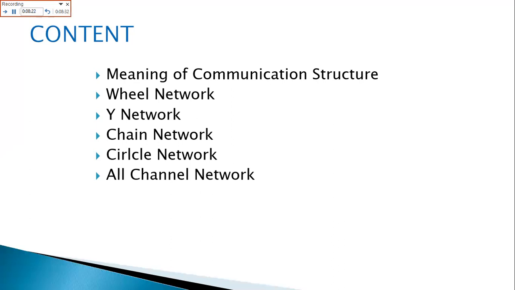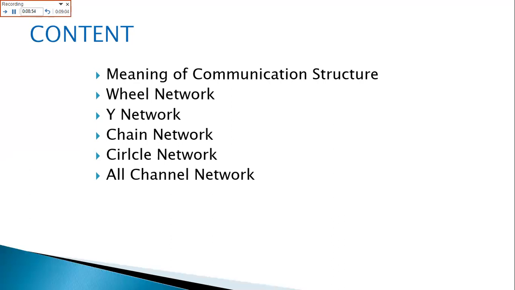It is more suitable when authority and responsibility are clearly defined among the group and the team members.